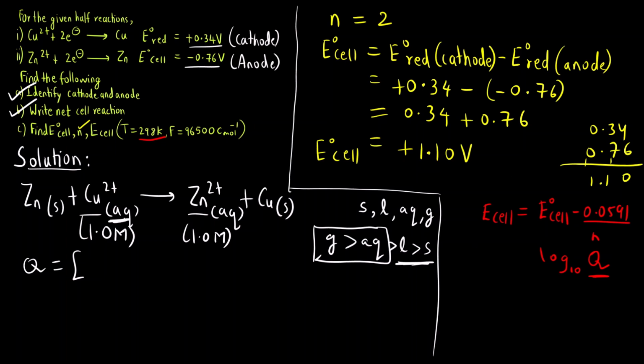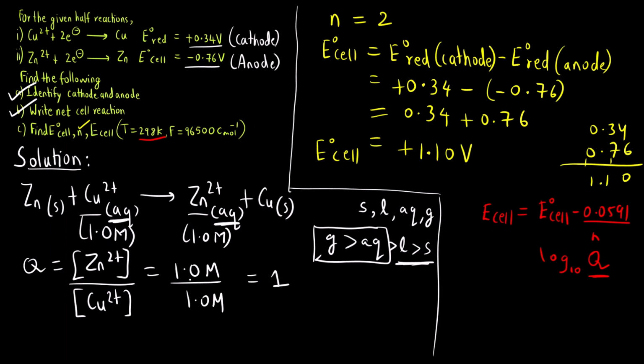So the active species is the aqueous species, Zn2+ aqueous in the product. We will not write the solid term. Copper solid is inactive. The active species plays an important role in the cell potential. This is 1 molar, this is also 1 molar, so this comes out to be 1.